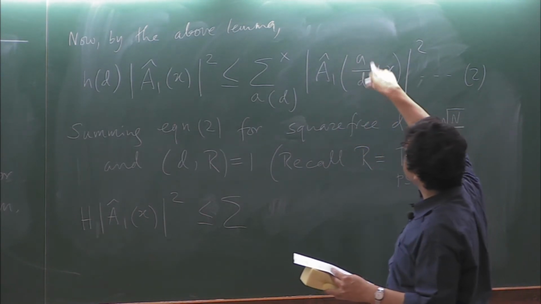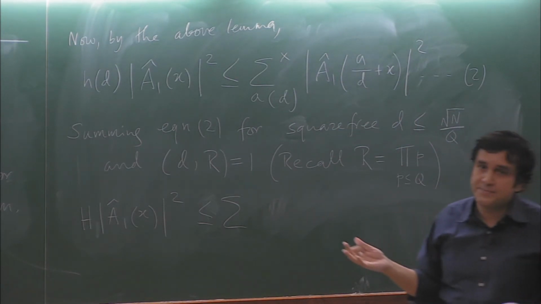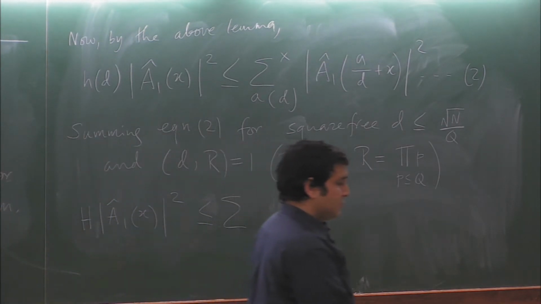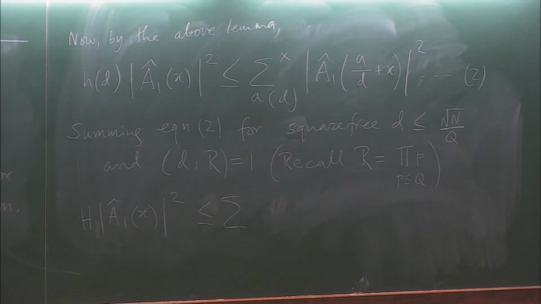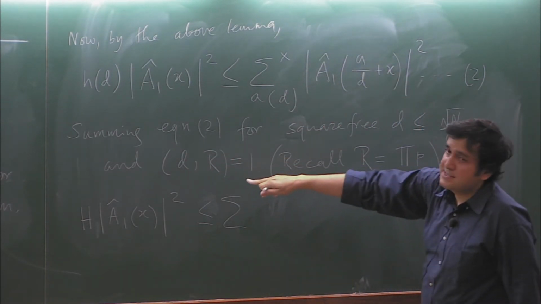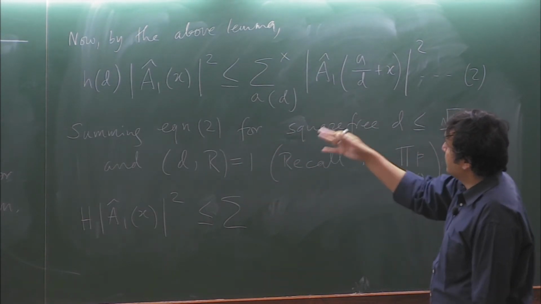So these fractions a by d are precisely the set Y. We defined Y to be those elements in R mod Z whose orders are bounded by square root n by capital Q, and whose orders were coprime with r. And these a by d's are precisely that. That's how we have chosen this set.